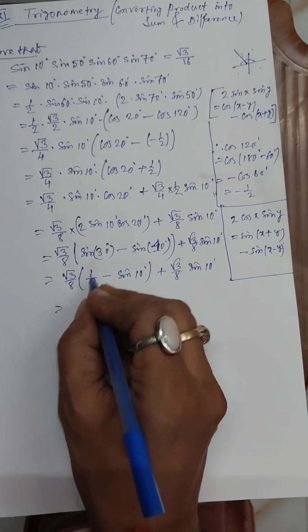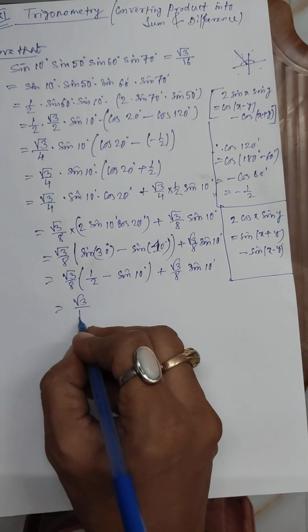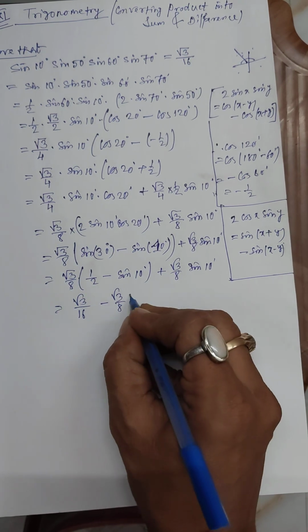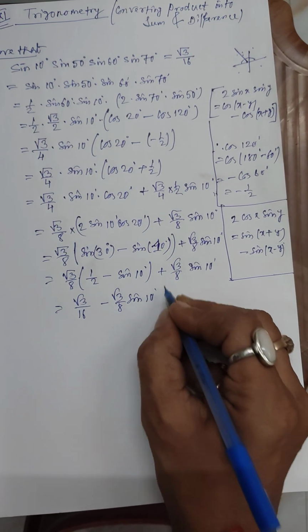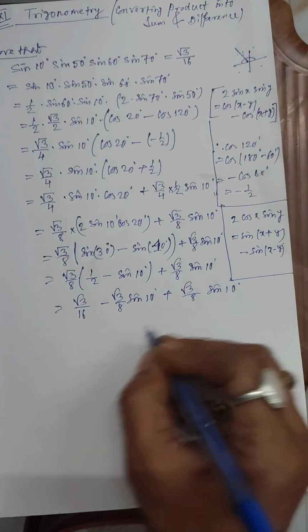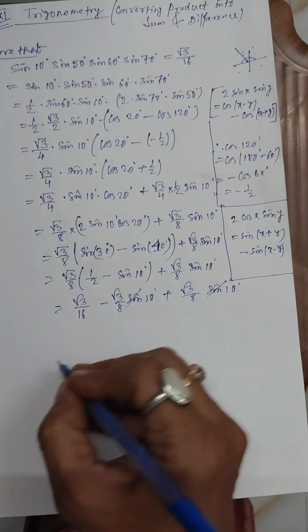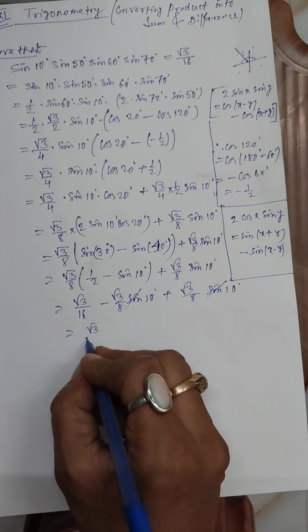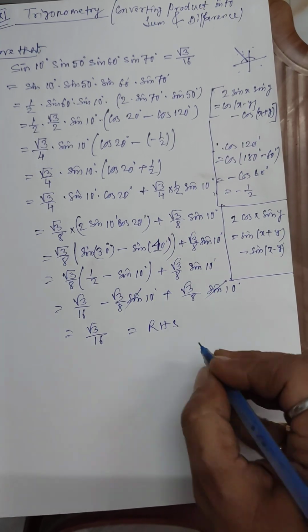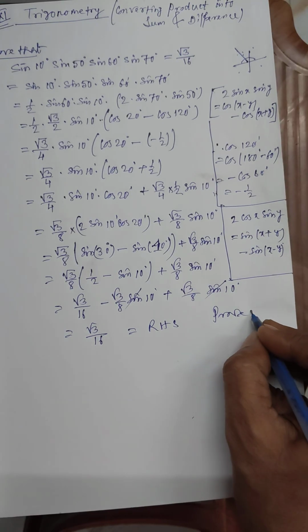So root 3 by 16 minus root 3 by 8 sine 10 degree plus root 3 by 8 sine 10 degree. Then it will be root 3 by 16, that is equal to the right hand side. Proved.